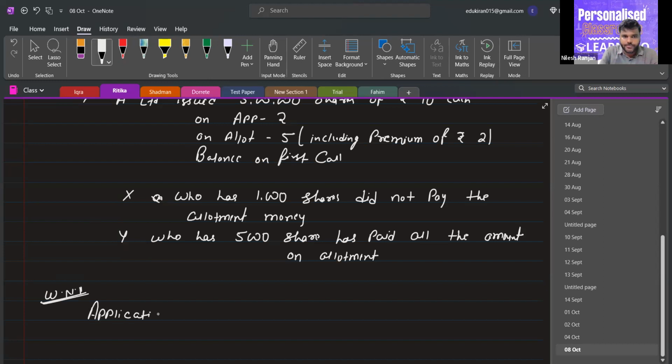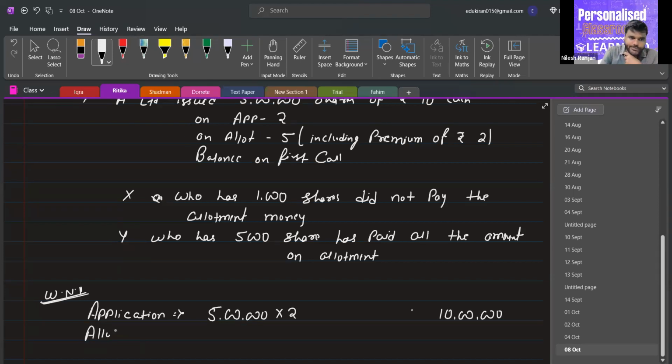And application is 2 rupees, so on 5 lakh shares, it is 10 lakh. There is no adjustment on application, so we will write the application amount here.